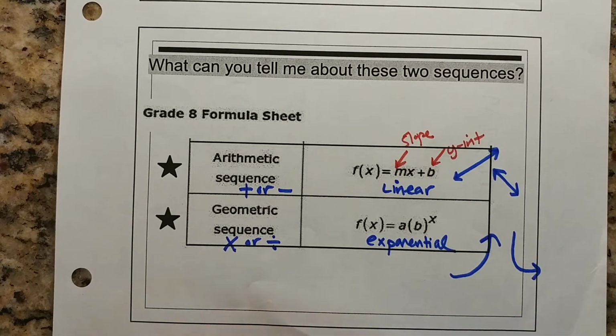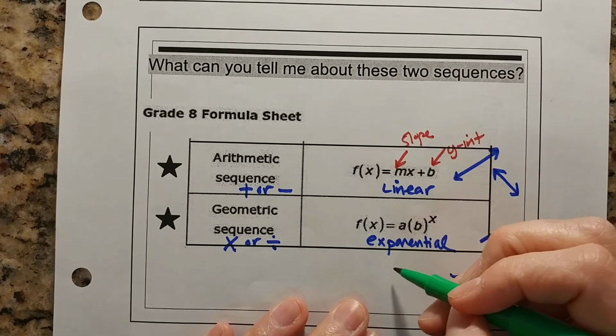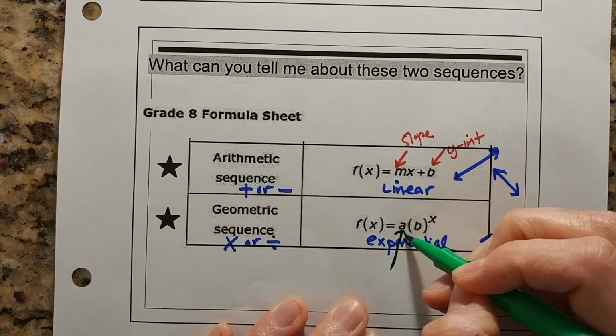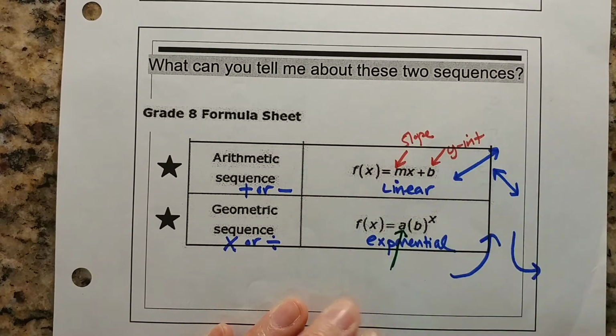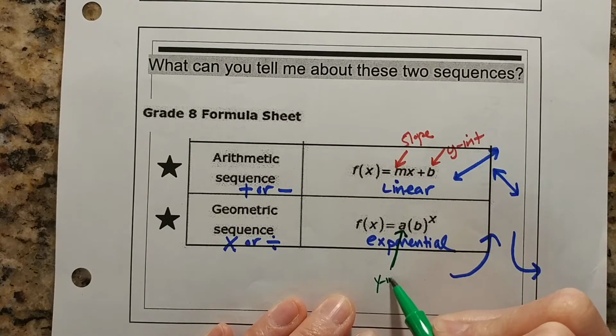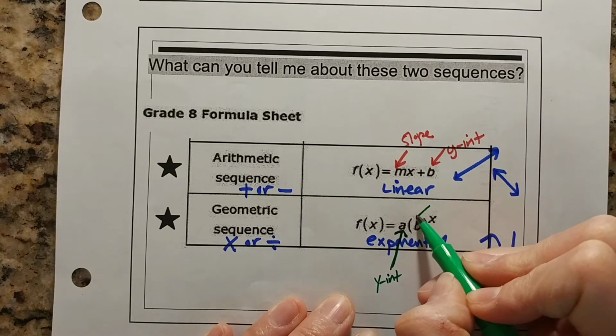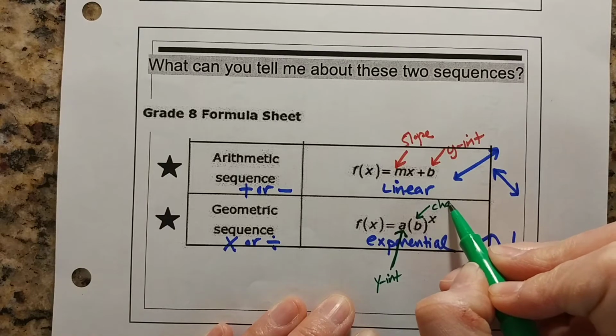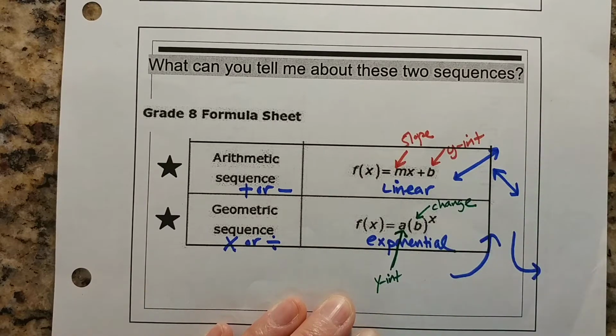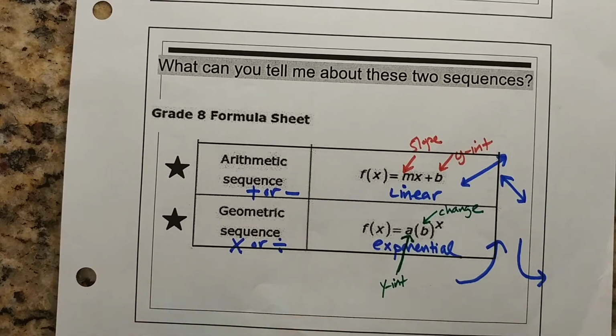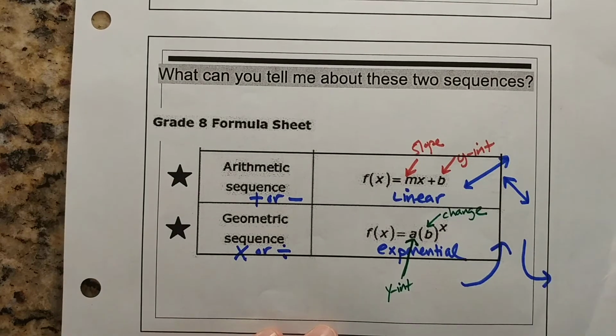You might also want to add the parts of the geometric function. Maybe you'd want to add that the letter A, the first number here, is where the function starts, the y-intercept. Maybe you'd want to add that B is the factor of change. What are you multiplying by? Okay, just a few things to think about when you take the MCA test.